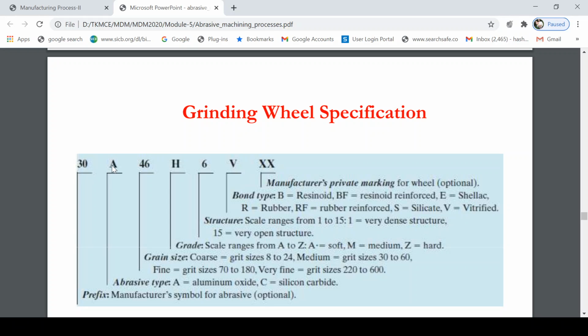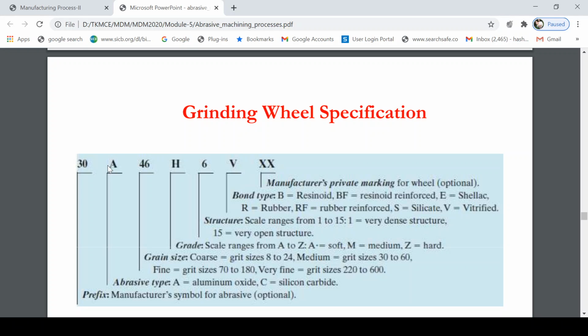Then another is a letter that indicates which type of abrasive material is used. A is used for aluminum oxide. If the abrasive material of the grinding wheel is aluminum oxide, then this letter is A.